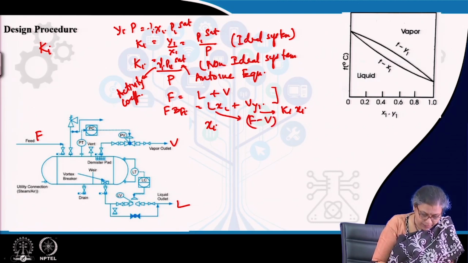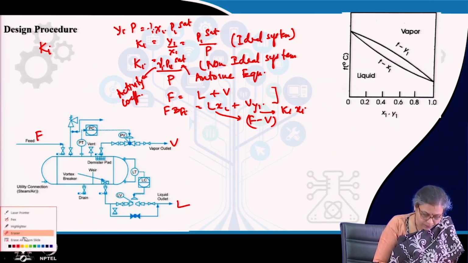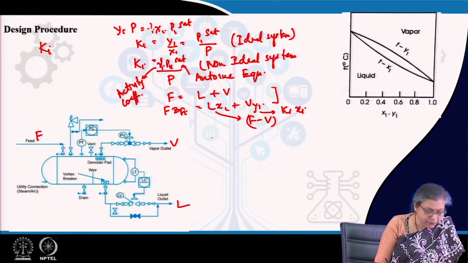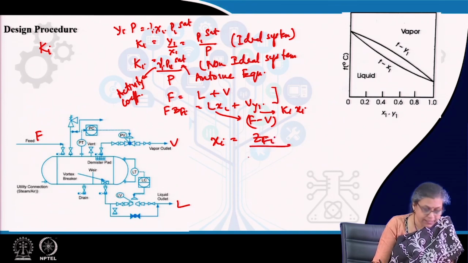then from there we can find out each particular Xi in terms of F, and we can denote the V by F as a ratio, and therefore, from these two equations we can find out Xi as Zfi by 1 minus V by F into Ki minus 1.